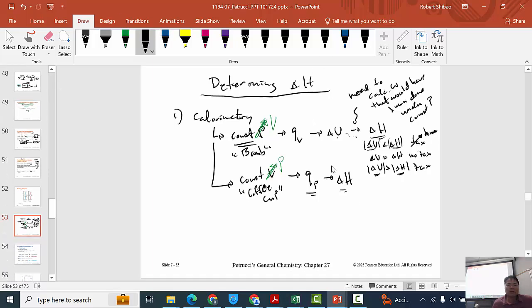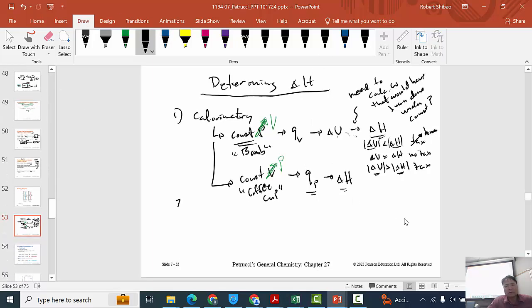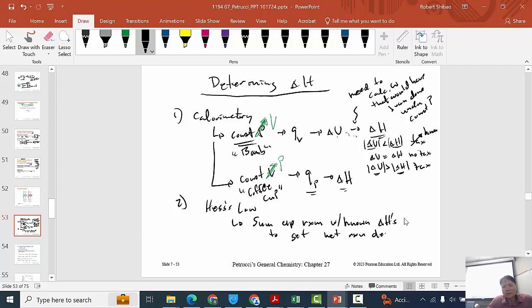Okay, that's one way, but there are others. The other ways of determining it are by Hess's law. Hess's law is, if we know some equations, we sum up reactions with known delta H's to get the net reaction that's desired.